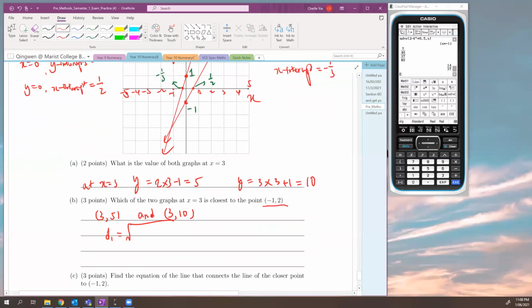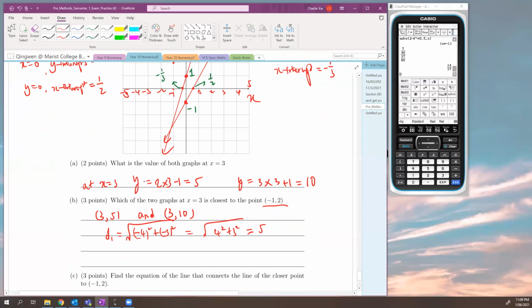So -1 minus 3, which is -4, squared, and 2 minus 5, which is -3, squared. So the distance is the square root of 4 squared plus 3 squared, and that's equal to 5.